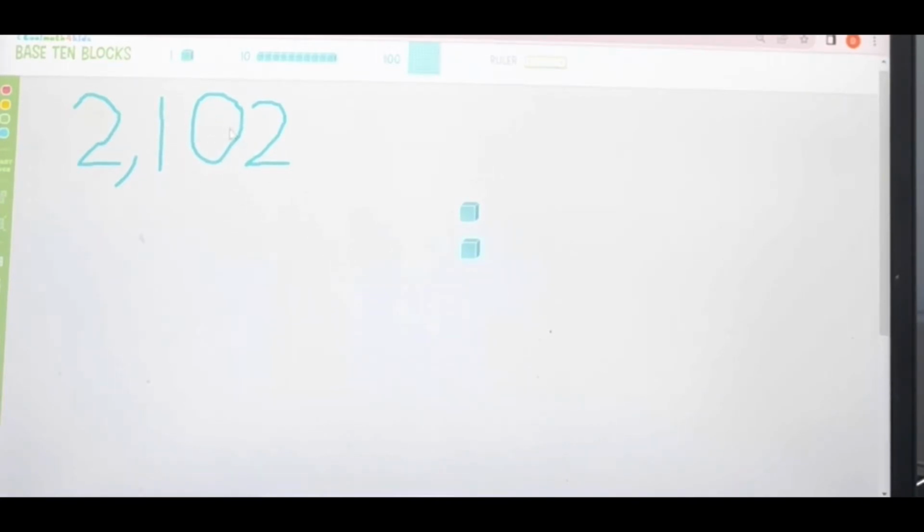Now the next digit, the digit in the tens place, is 0, so we're not going to take out any tens blocks because the digit in the tens place is 0. So the value for the tens place is 0. There is a 1 in the hundreds place, so I'm going to take out a hundreds block for that.